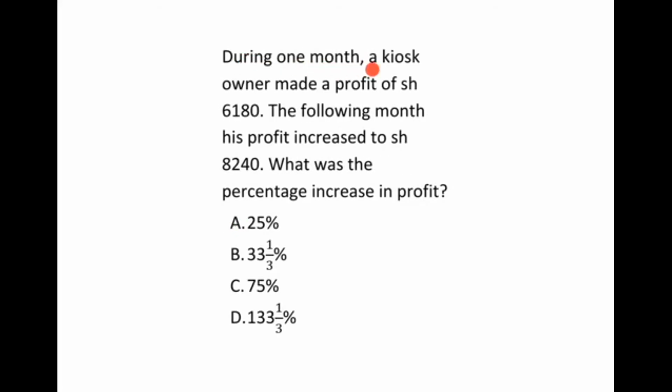During 1 month, a kiosk owner made a profit of 6,180 shillings. The following month, his profit increased to 8,240 shillings. What was the percentage increase in profit? We are told that the owner made a profit of 6,180 shillings.